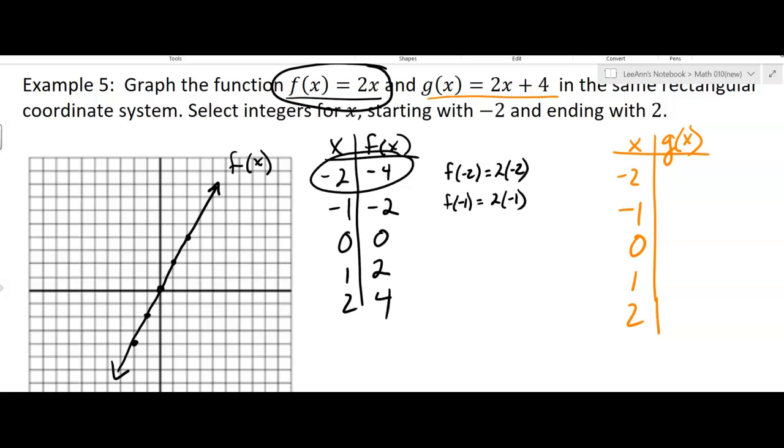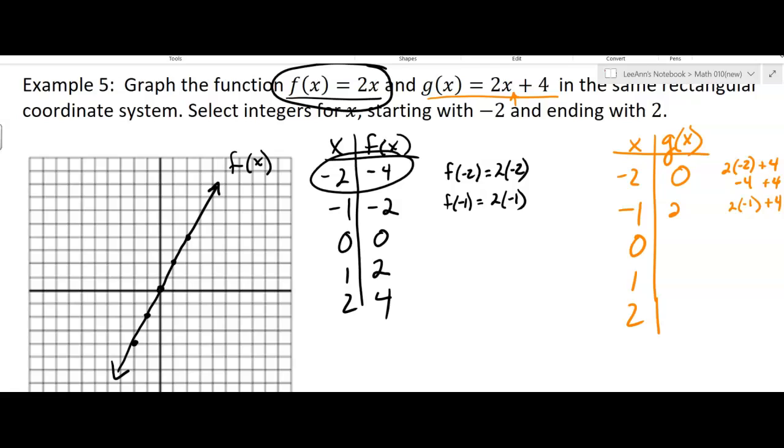Okay. Now we're going to do g of x, which is also linear. So we're going to put in -2, and I'm going to get 0. 2 times -2 plus 4, so that's -4 plus 4, and that's where the 0 comes from. Then you're going to put in -1.